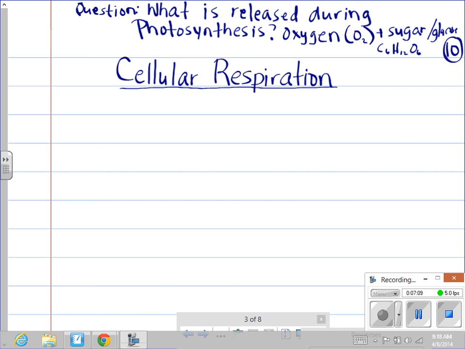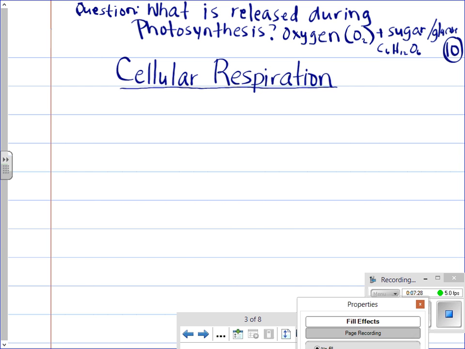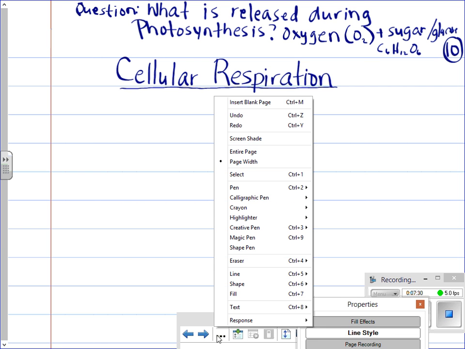All right, so is respiration the same as breathing? No. Who remembers what respiration is? What's respiration?